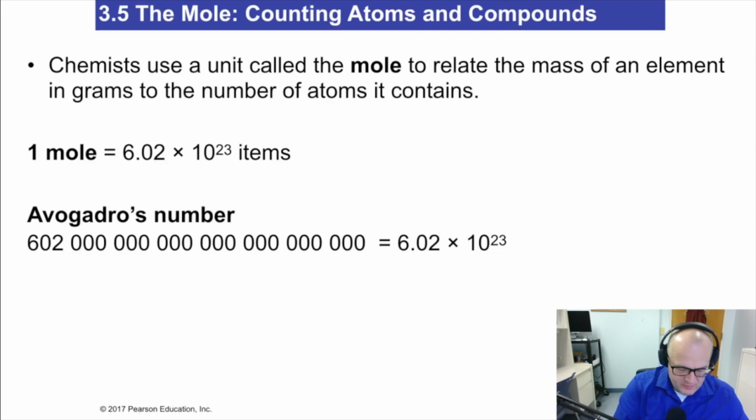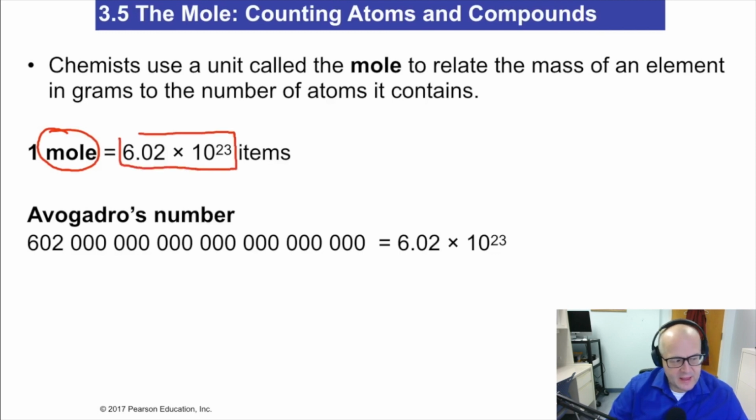In chemistry, we have a word that means a number as well, and that word is the mole. The word mole means 6.02 times 10 to the 23 anything. So in chemistry, 1 mole of atoms, say, is 6.02 times 10 to the 23 atoms. 1 mole of a molecule, say Tylenol or aspirin, is 6.02 times 10 to the 23 molecules of Tylenol or aspirin or whatever.